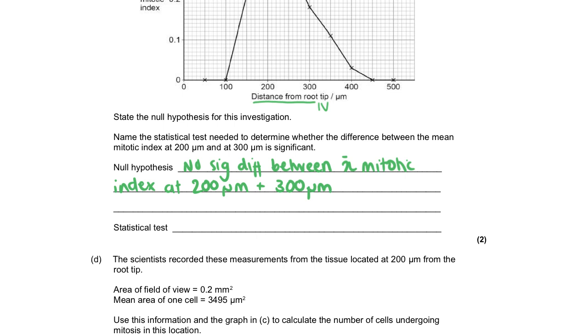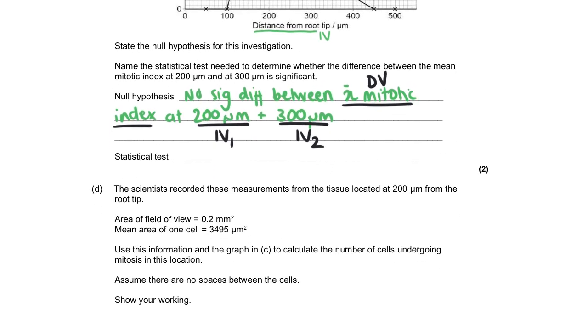We said that for this null hypothesis, you need to say no significant difference between the dependent variable at the independent variable option 1 and the independent variable option 2. So here we've got our dependent variable and our two options, or our two conditions for those independent variables.